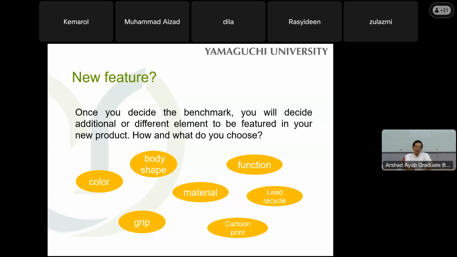Or you may think using a different and new material will be the additional feature. Or you may put an additional function as well. Or you may put a cartoon print on the body. That may be another new feature. Or you may prefer to enlarge and lengthen the leads or something. You can choose anything.